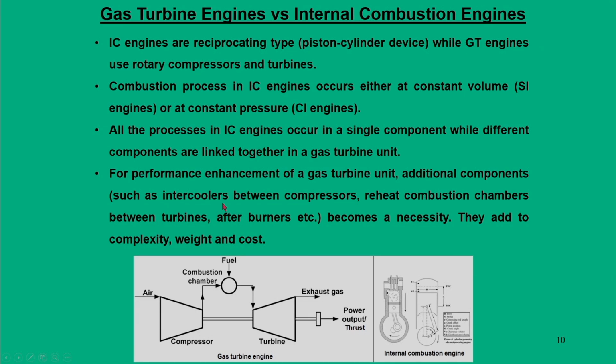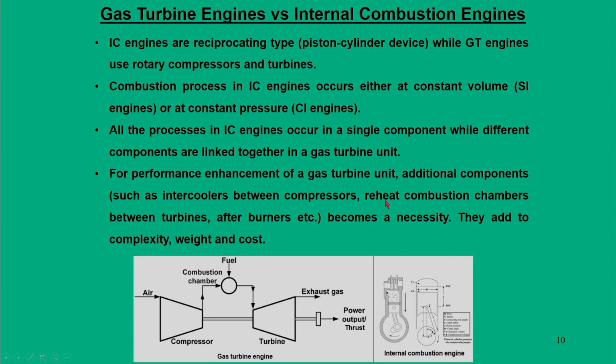So, we need multiple compressors, 2 or 3, and when you use 2 or 3 compressors together in a synchronized manner, there must be an intercooler, because without it you will not get the best performance efficiency.